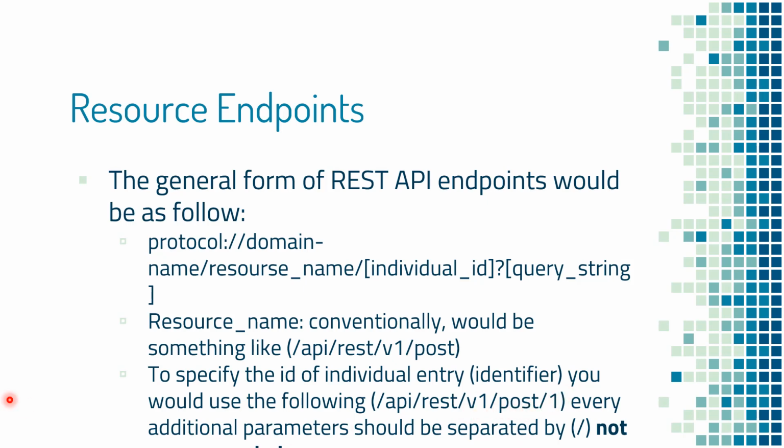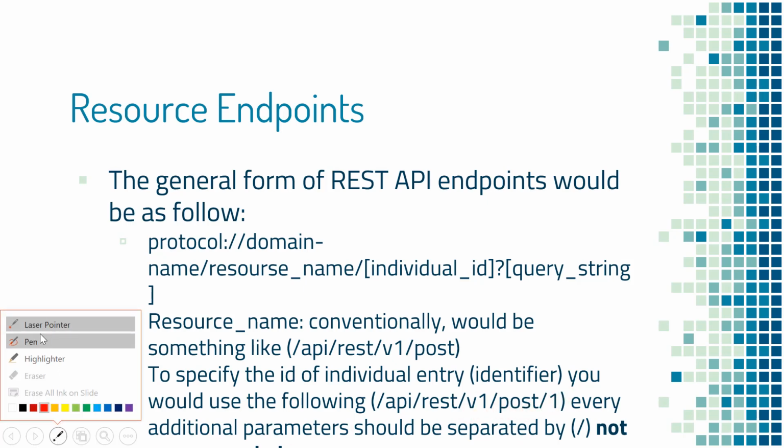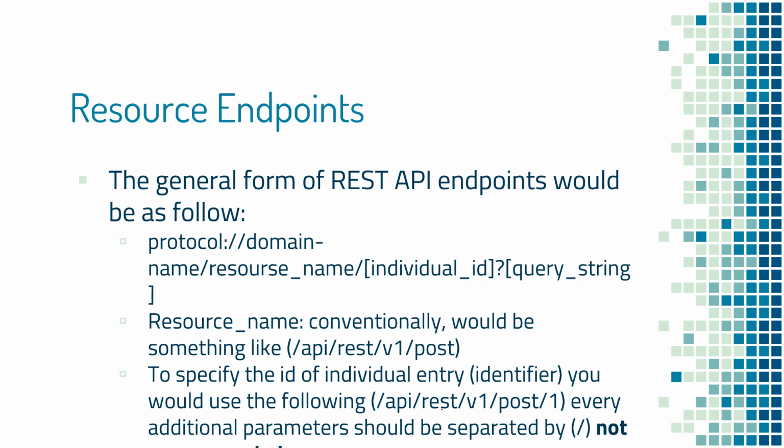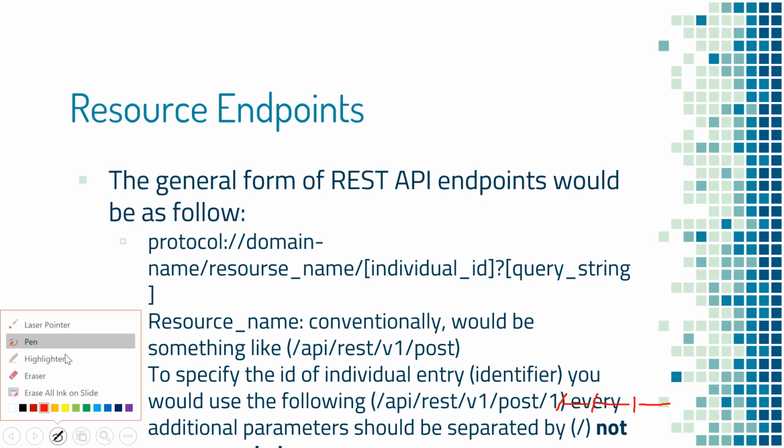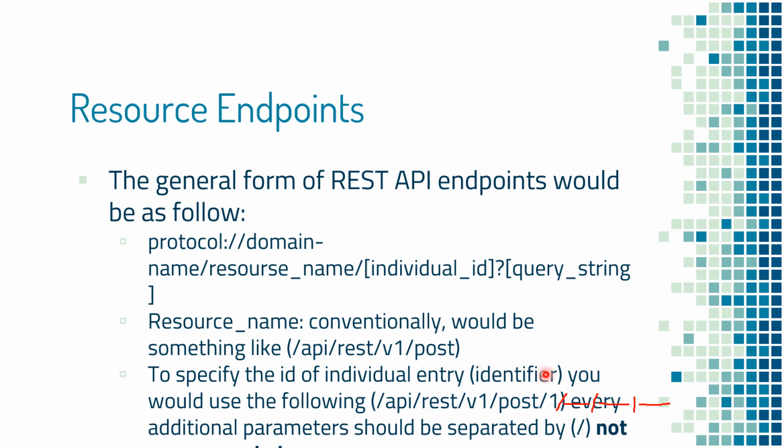If you wanted to add extra parameters, you have 2 options. One option is to add another forward slash, a second parameter, another forward slash, another parameter. But in most cases, this is not recommended.